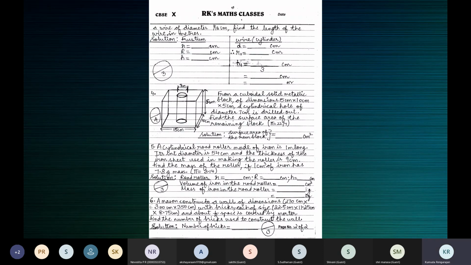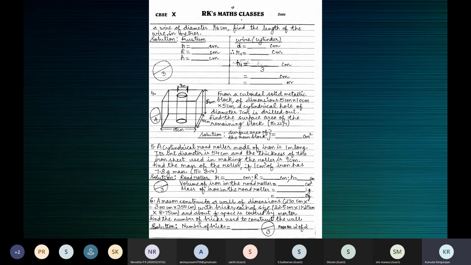So the question is: from a cuboidal solid metallic block, cuboidal, not cubical, you can see the dimensions: length 15 centimeters, breadth 10 centimeters, height 5 centimeters.